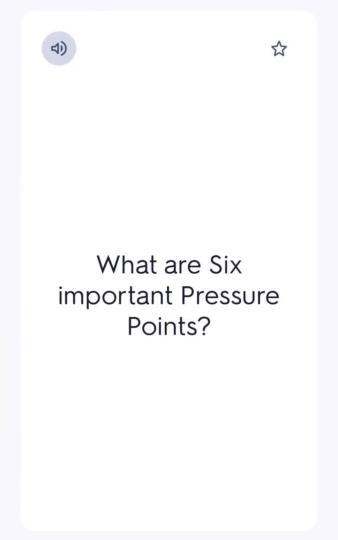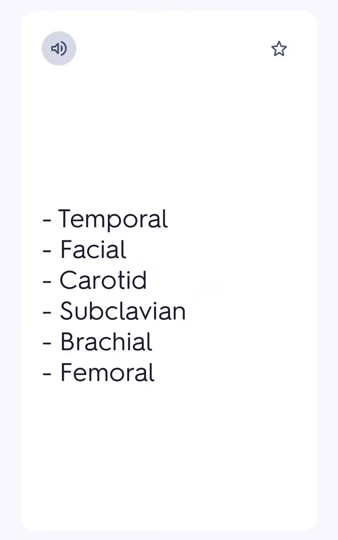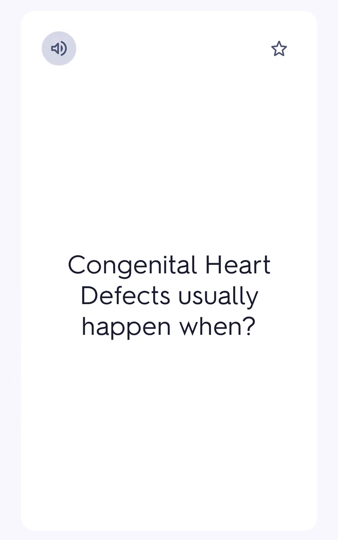What are 6 important pressure points? Temporal, facial, carotid, subclavian, brachial, femoral. Congenital heart defects usually happen when?